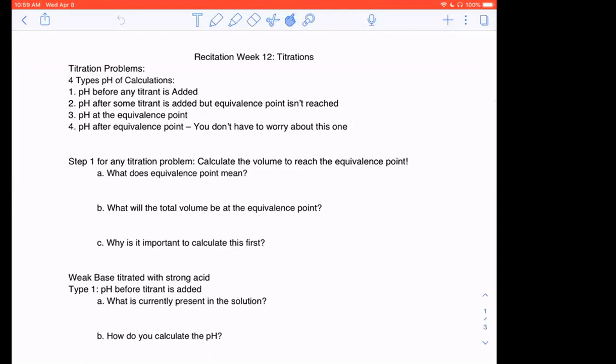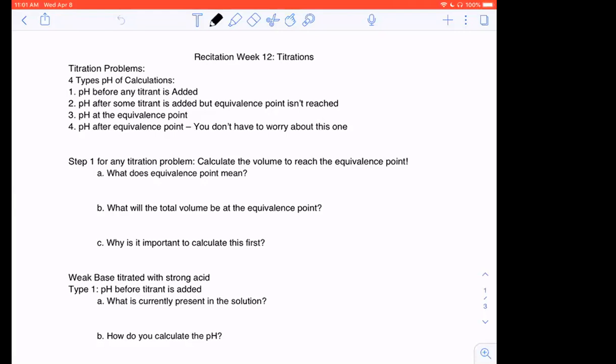I am only going to break down the steps for a weak base with a strong acid. After that, I will do an example problem, one of each. I just figured it would be a waste of time to do both. However, starting at this, as I wrote up here, there are four types of pH calculations.